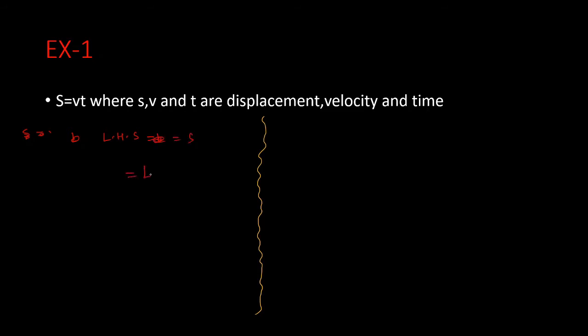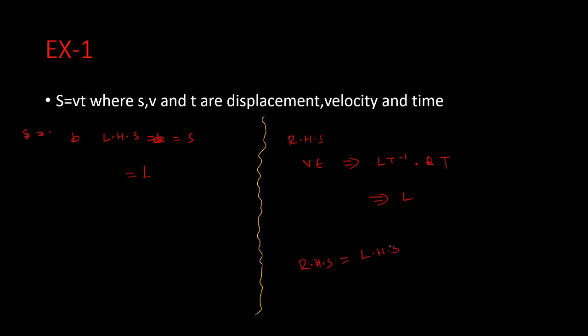What will be the dimension of s? Definitely L. Now the right hand side: v into t. V is the velocity and we know the dimension of velocity, L T to the power minus 1, right? And time is capital T. So what will be the dimension here? Only L. So we can say, guys, right hand side equals left hand side.